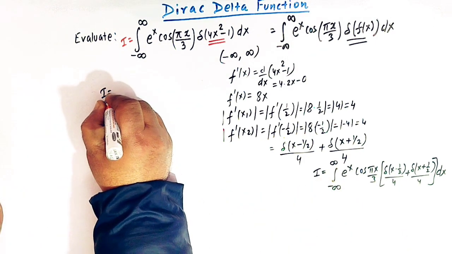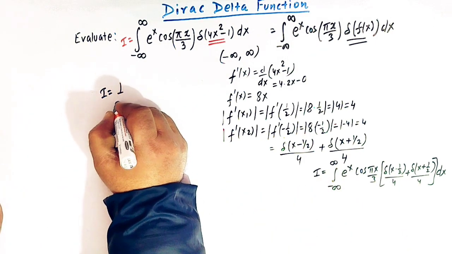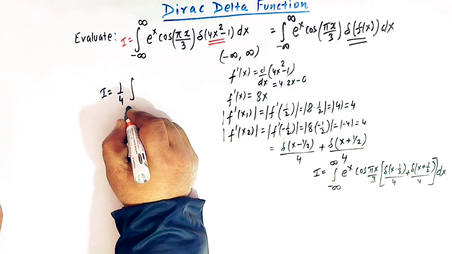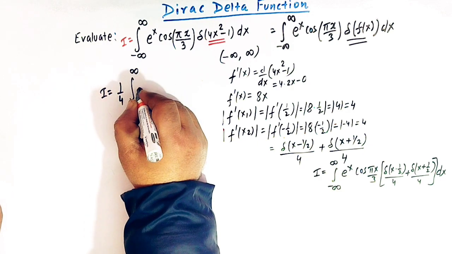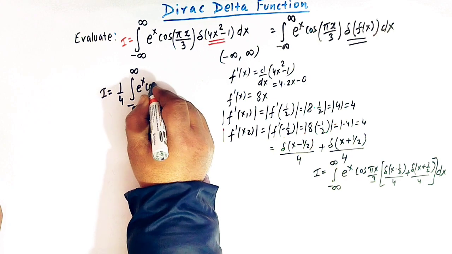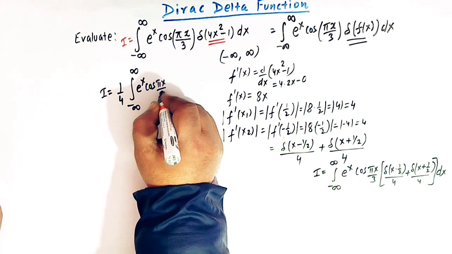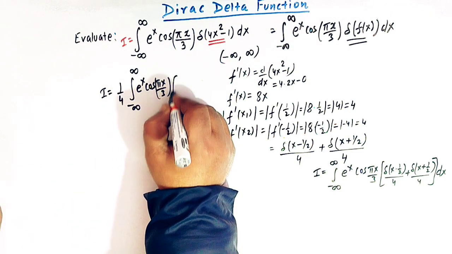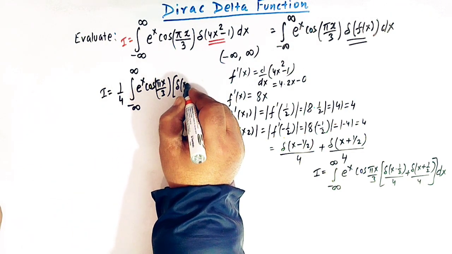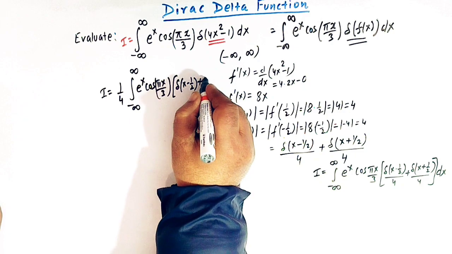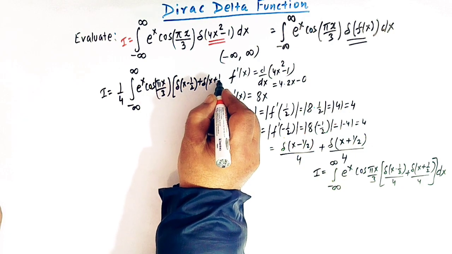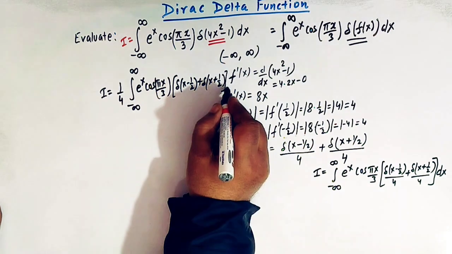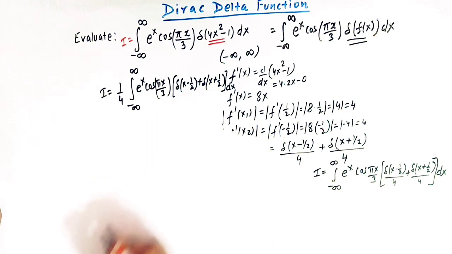So now our integral is 1 over 4 times the integral from minus infinity to infinity of e raised to x cos of pi x over 3, and then we have delta of x minus half plus delta of x plus half, and here we have dx.